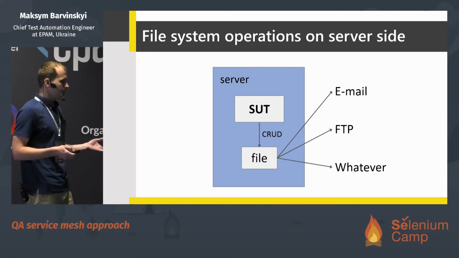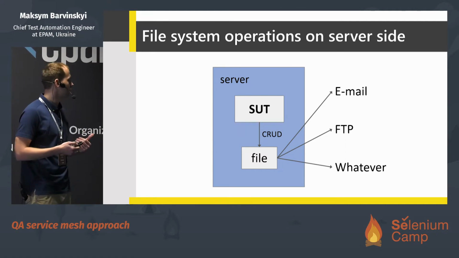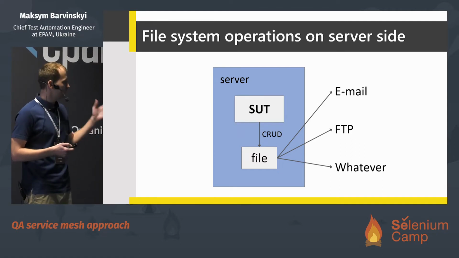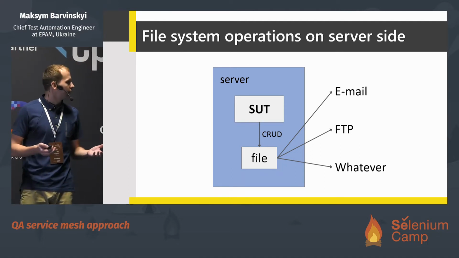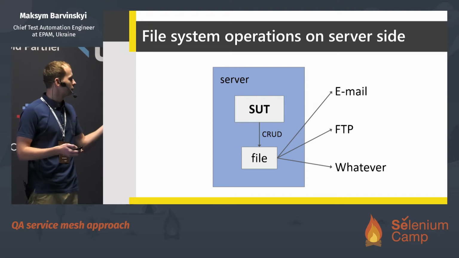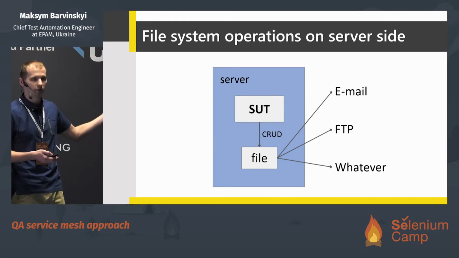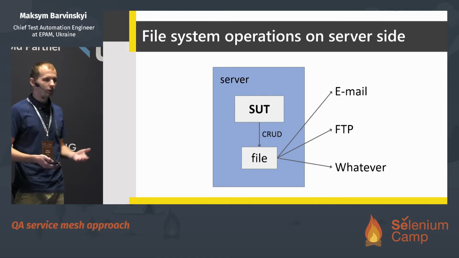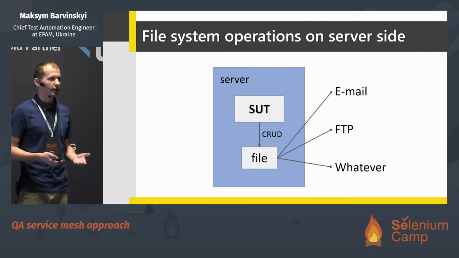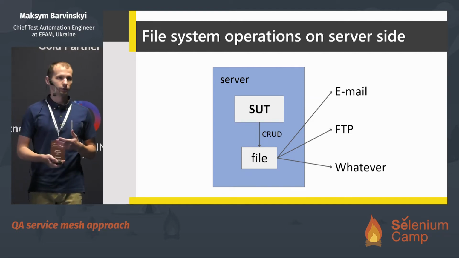So when I, as a QA automation engineer, see those arrows, I realize that I would need a possibility to create that file without the application, because it's not possible to always do it with the application and test all the further scenarios, right?